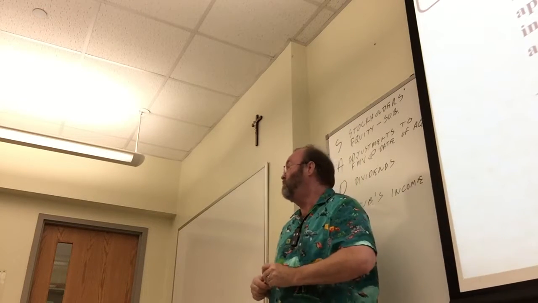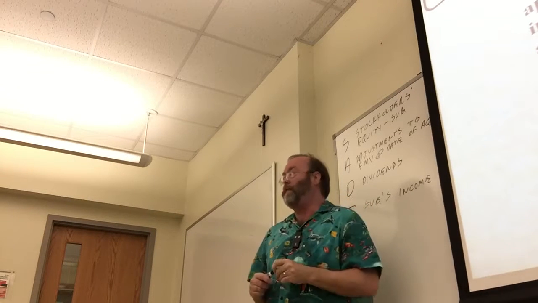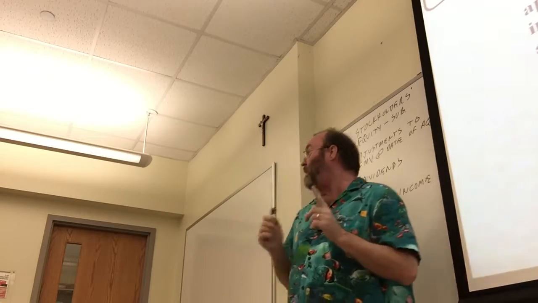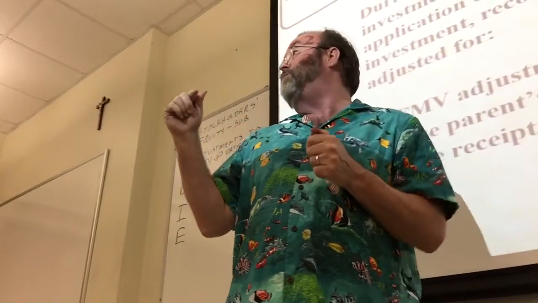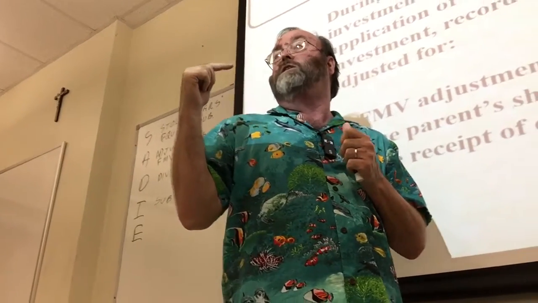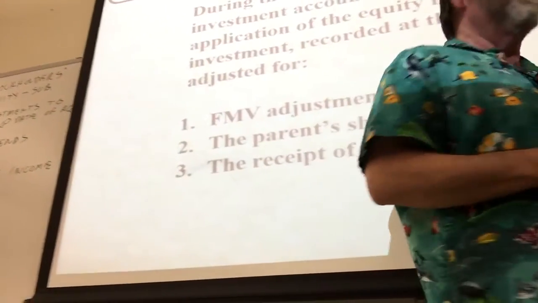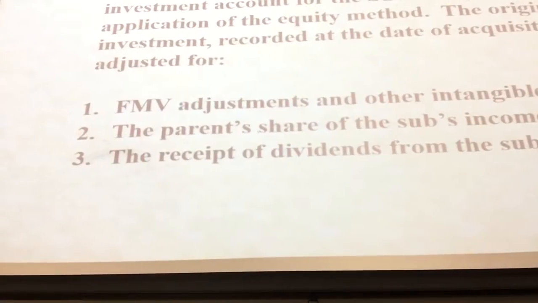Although, in the case of treasury stock, I suppose that's possible. You eliminate those. All right? You need to eliminate the effect of the reduction of the investment account for dividends, and you need to eliminate the increase from taking your pro rata share to the income statement. Okay? So that's the I and the D entry.